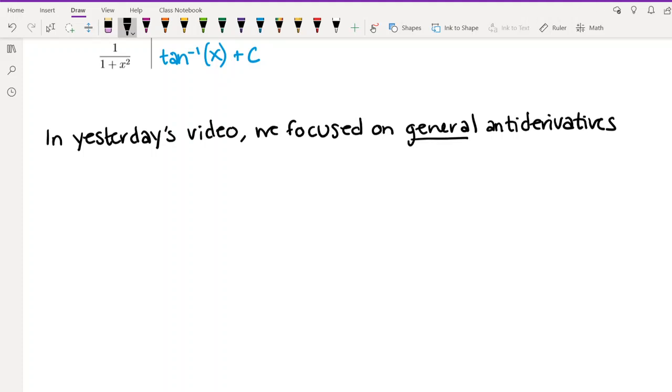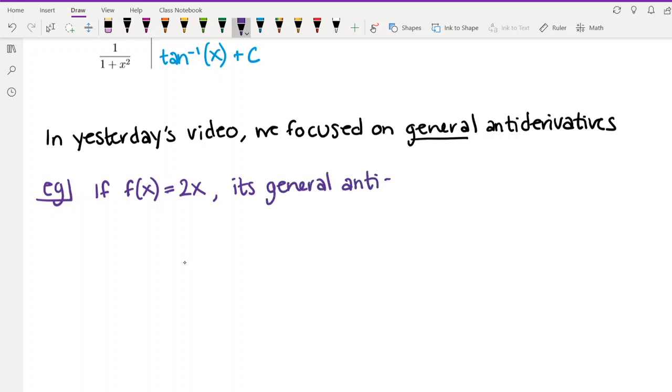So for example, the very first example we gave was, if your original function is 2x, its most general antiderivative is capital F of x equals x squared plus c.